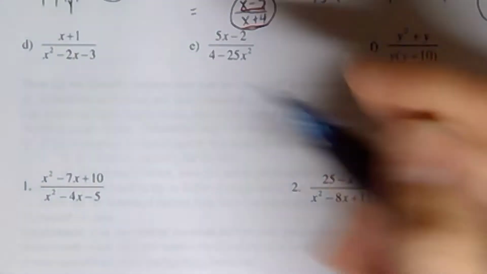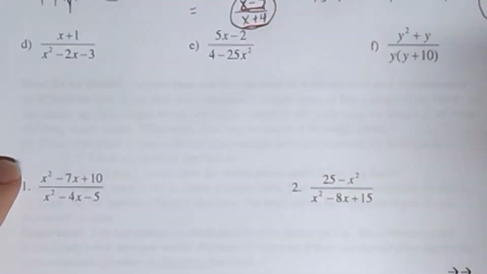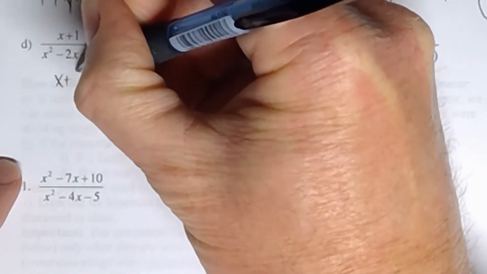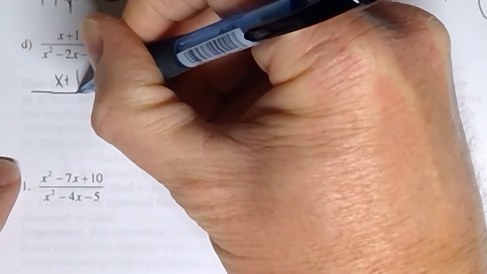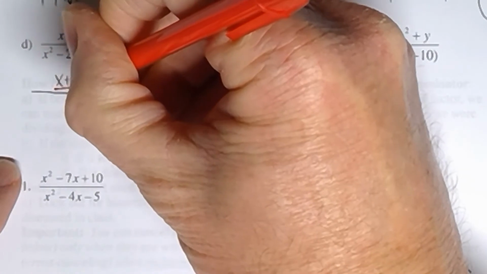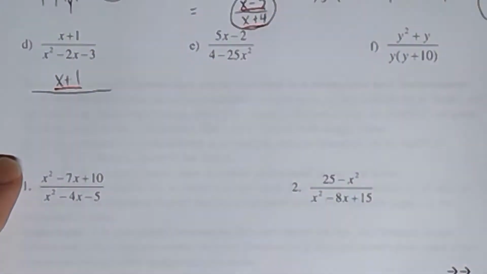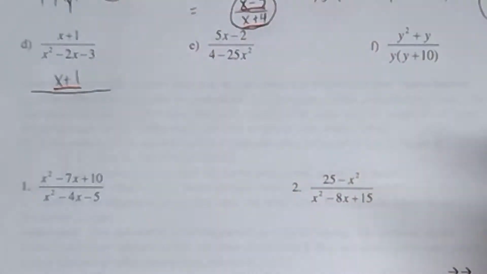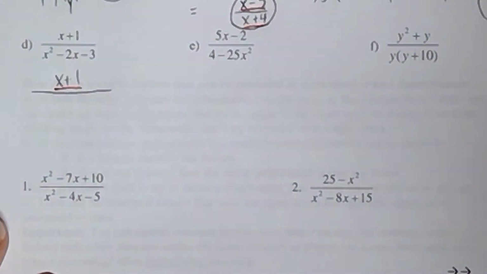All right, here in problem D, again, as I talked about, if you have a prime polynomial in either the top or the bottom, which is the case with x plus 1, GCF is 1. It has 2 terms with x to the first power. Prime polynomial, as long as it's more than 1 term, it's just a single red one. Okay, it doesn't break up into multiple red ones.